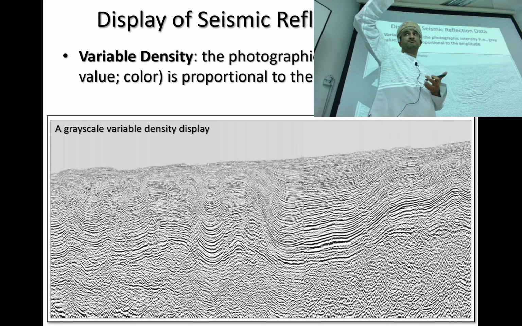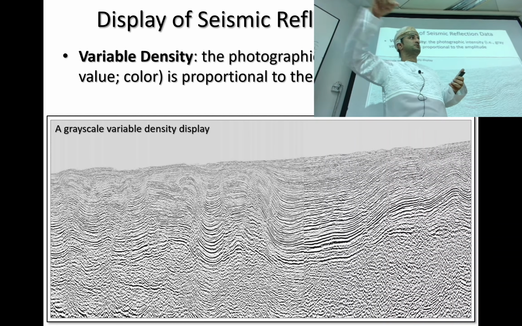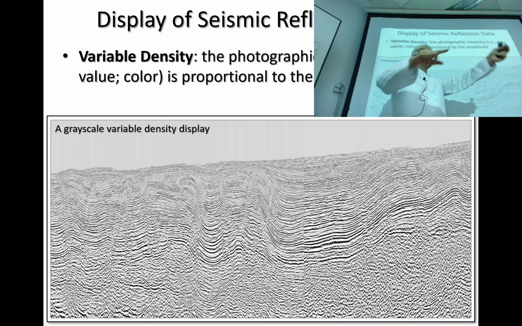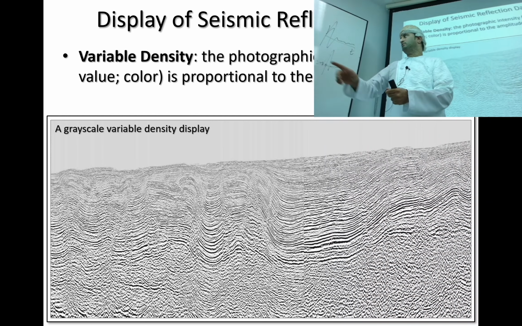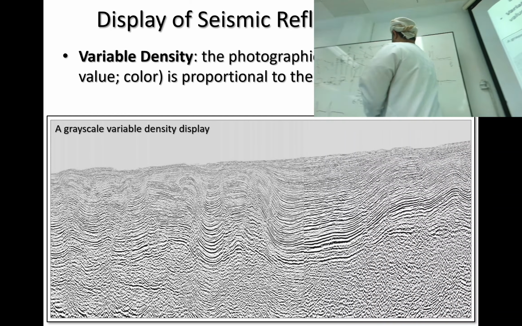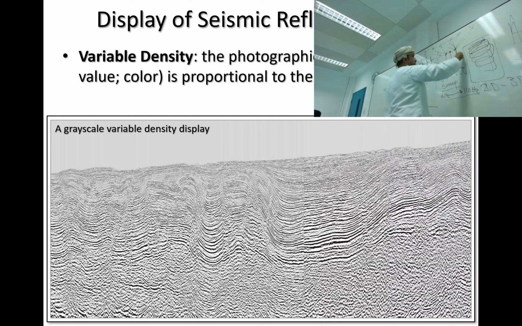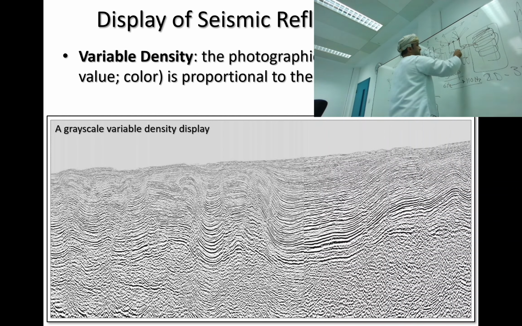So black is very big positive, white is big negative. The trace going positive or going negative, like what you see here. So this is positive, this is negative.